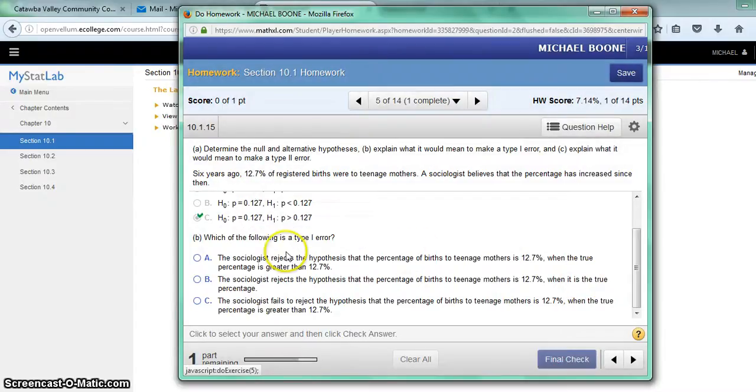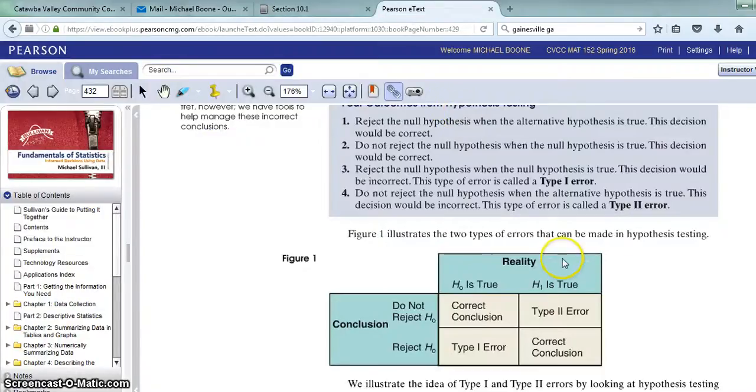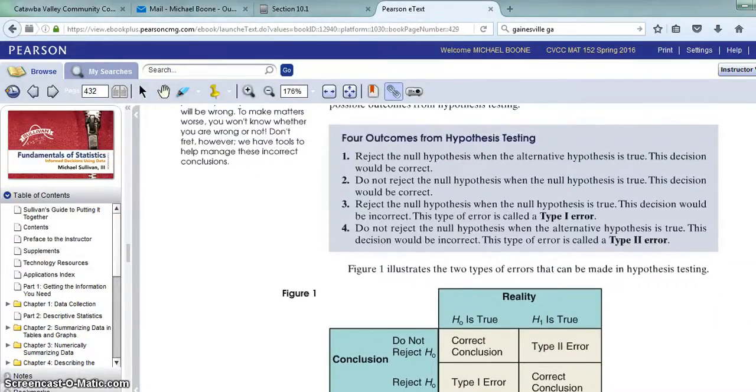which of the following is a type 1 error? So again, there's definitions in here that talk about a type 1 error and a type 2 error. We always have the opportunity to make a mistake when we do statistical research. We're not doing a census, we're doing a sample. So with sampling, we could find out something's incorrect. So if we reject the null hypothesis when the null hypothesis is true, this is a type 1 error.